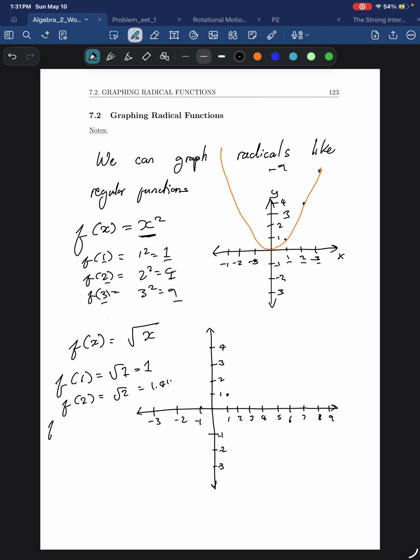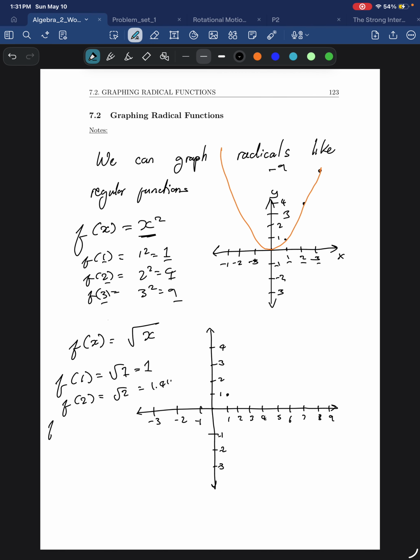But now you see the thing when you graph radicals: you get these decimals. And we really don't like the decimals because they're kind of hard to estimate where they are sometimes. But to be honest, you can really put a good guess as to where your decimal value is. However, there are just much easier ways of graphing radicals.